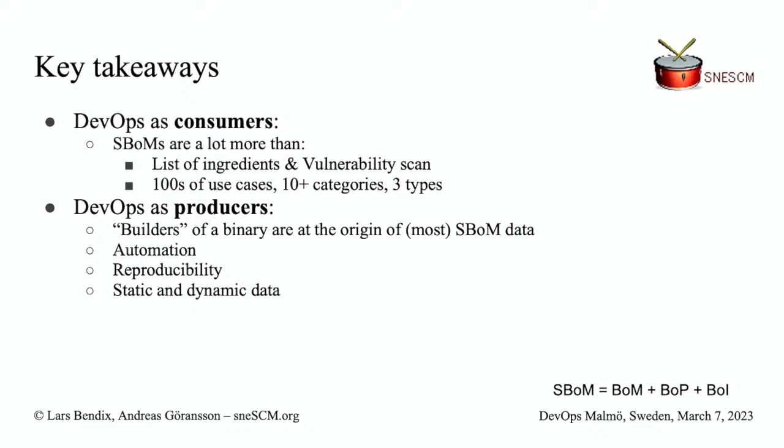You are sitting at the origin of most of the data that we need to put into this software bill of material. You know exactly what source code goes in when it gets built in our pipeline. You know what tools we have in the pipeline. You know what options and parameters we are using, and so on.